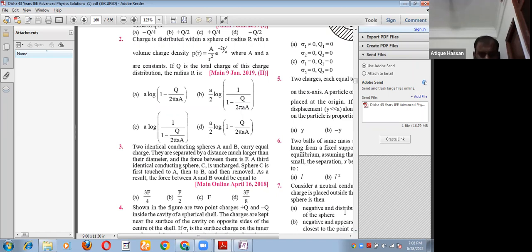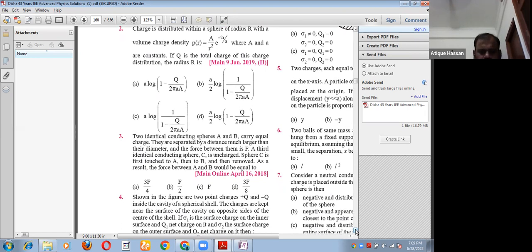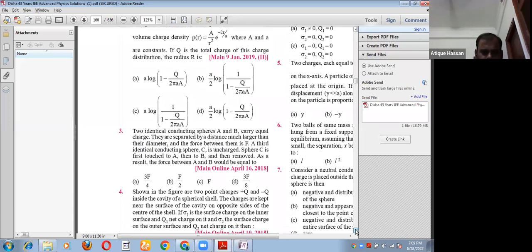For NEET students, if questions are based on integration, they are very easy, so you can solve them. Whenever integration comes in a question, I will explain it. One or two questions may be asked sometimes, but very few are based on integration in NEET.